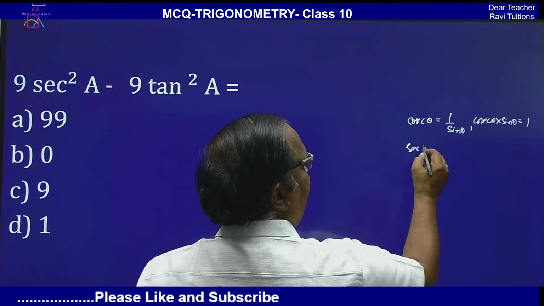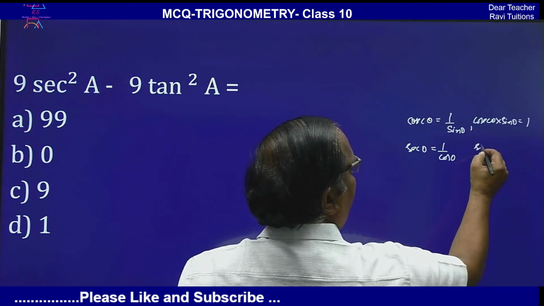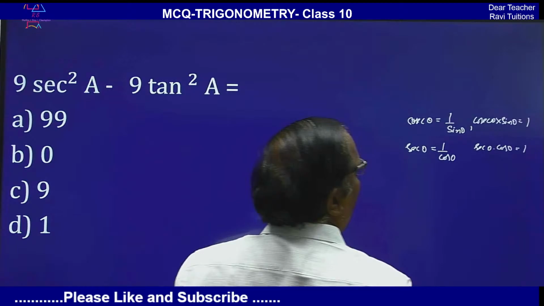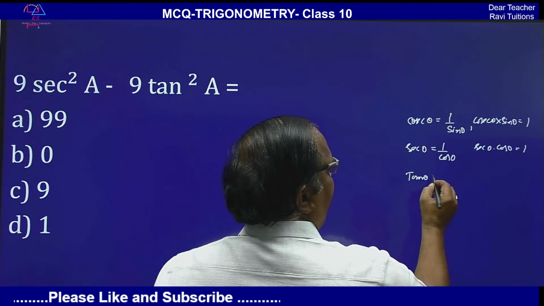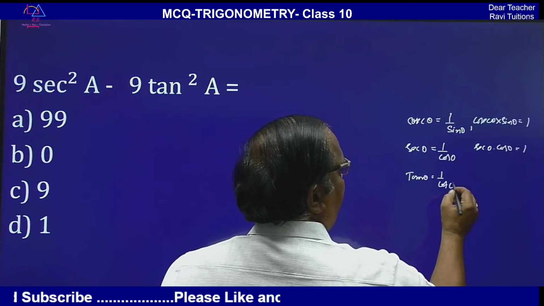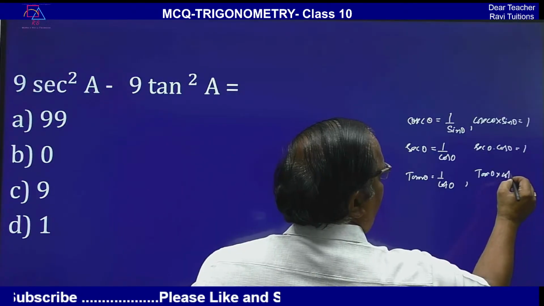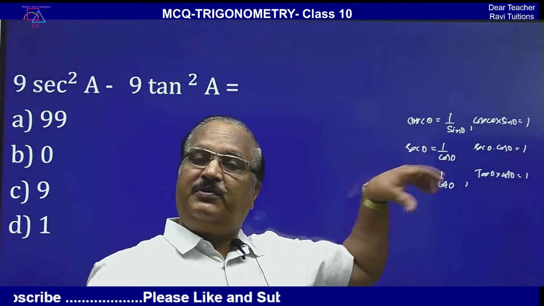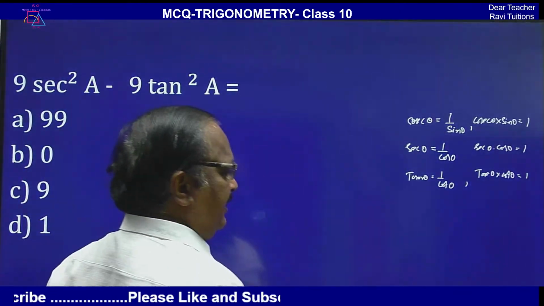Secant theta is the reciprocal of cos theta, so secant theta into cos theta is equal to 1. In the same way, tan theta is equal to 1 by cot theta, so tan theta into cot theta is equal to 1. These are the basic things you have to remember whenever these questions come.